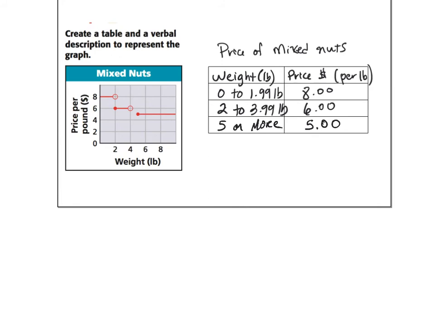And the next part of the problem was to describe the graph. Verbally describing the graph, I just write in words basically what I wrote on the table.